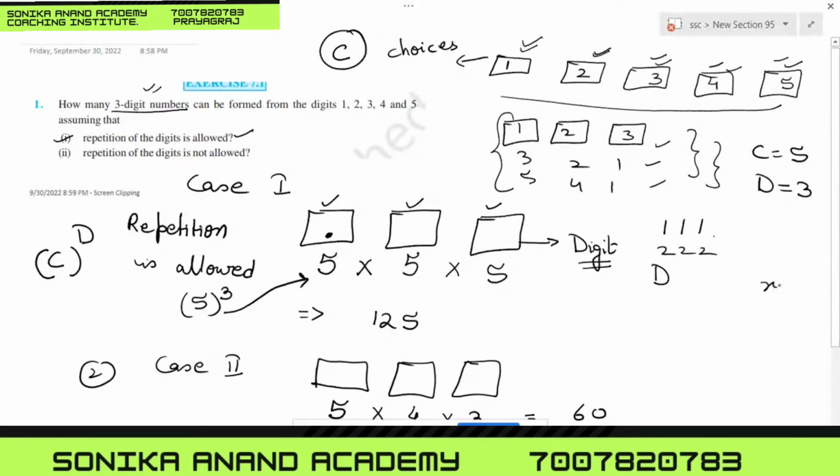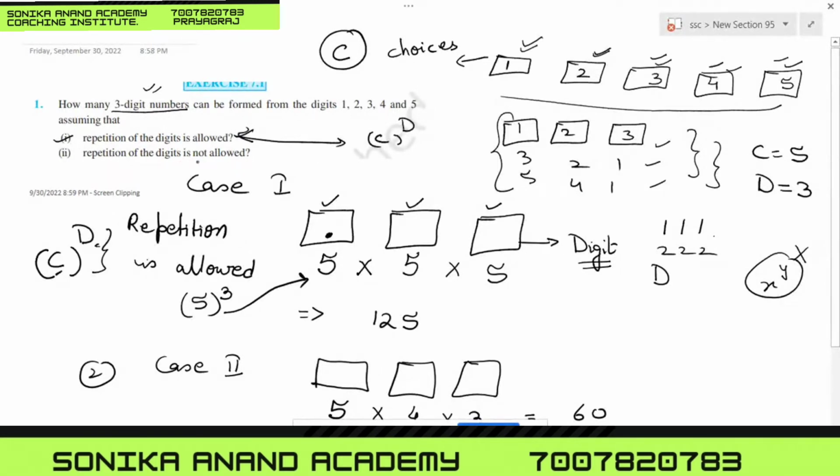I can also write it as x and y, but you people get confused, so I use the words choices and digit, so that you people can memorize that. So when repetition is allowed, please remember C to the power D.